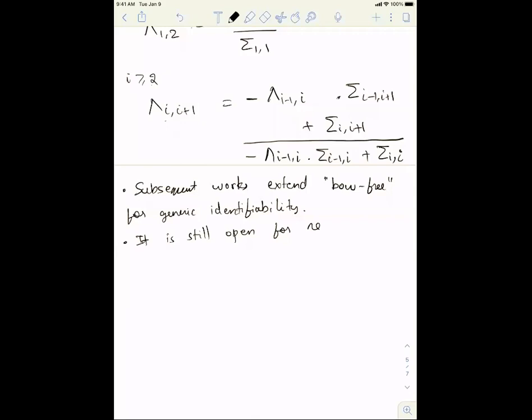That problem is still open. There's another model called Markovian or semi-Markovian where this answer is exactly known, but for linear LSEMs and this form of generic identifiability, it's still an open problem, both the necessary and sufficient condition.